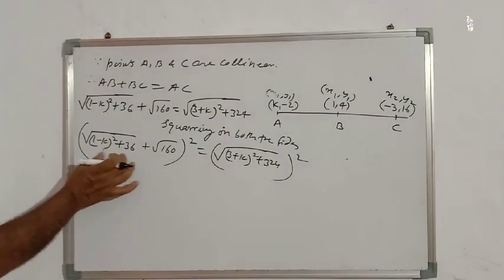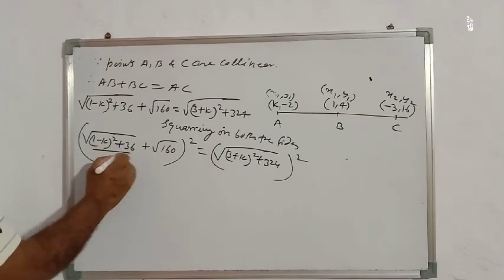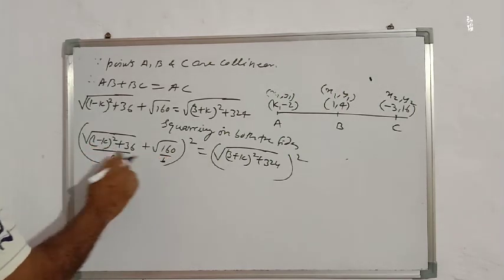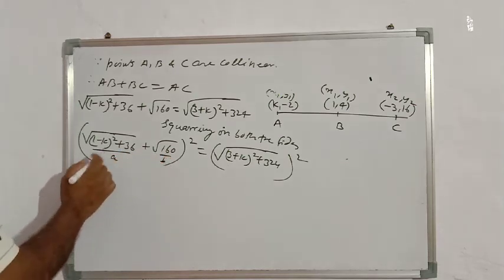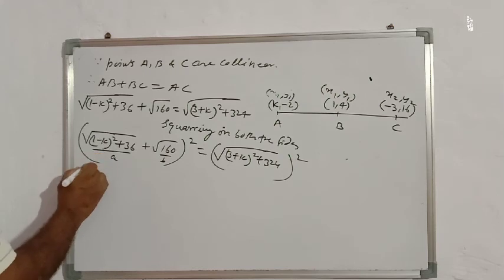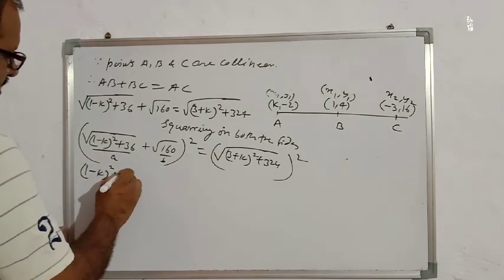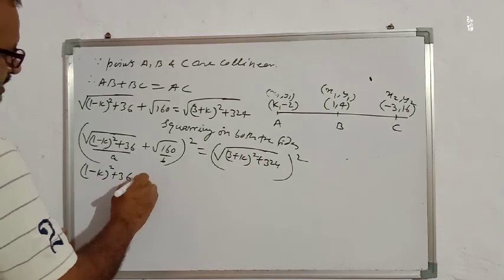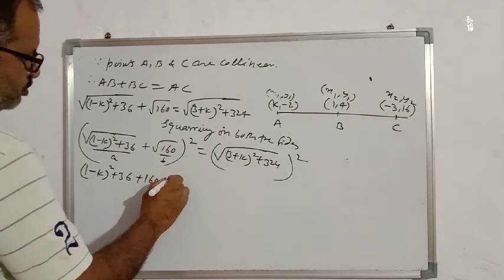Left side we will use the a plus b whole square identity. This one is a, this is b. A plus b whole square is a square plus b square plus 2ab. When we take the square of this, we will remove the sign of root. 1 minus k whole square plus 36, b square means 160, plus 2ab.